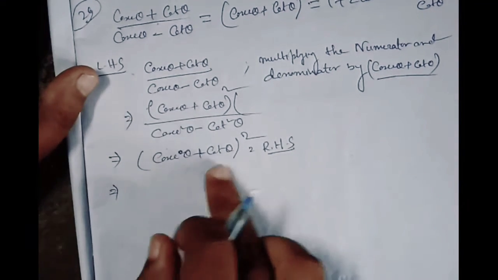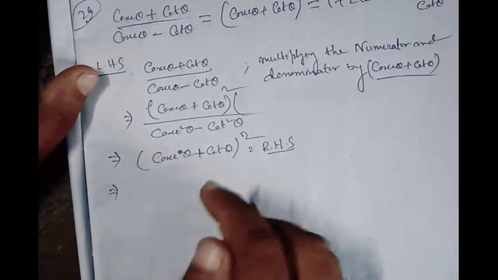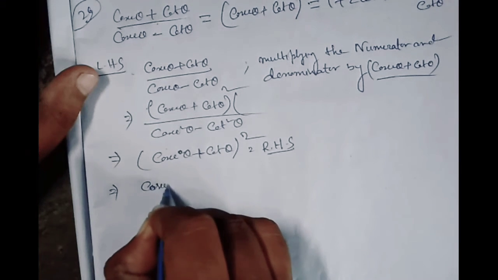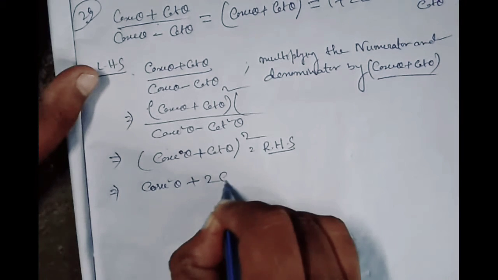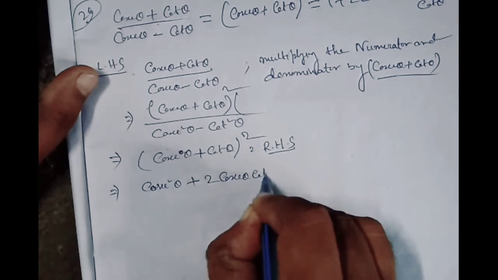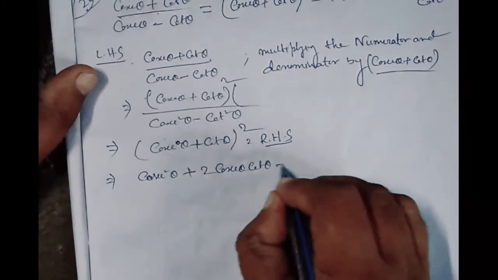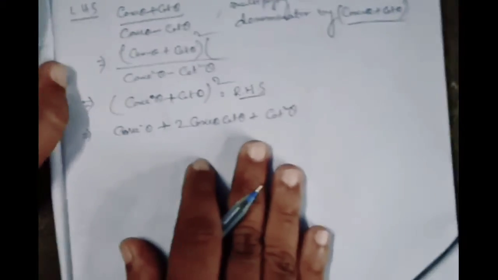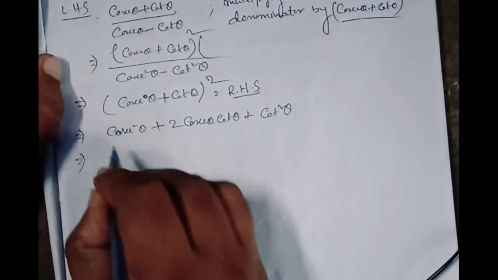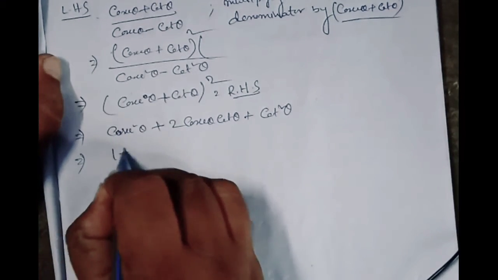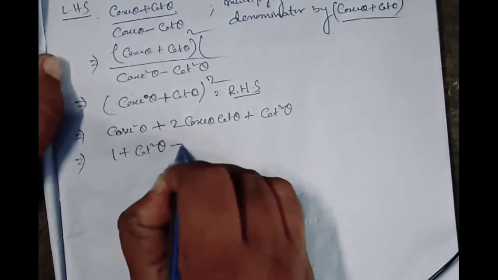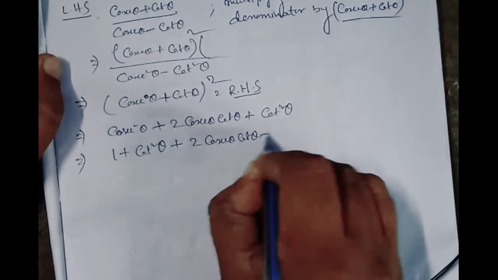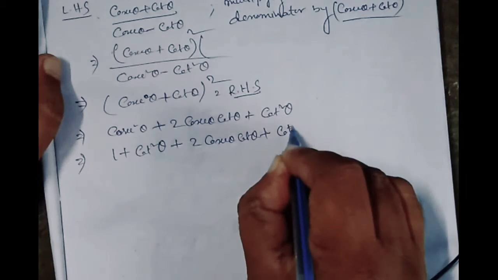Next, if we square it, this equals cosec square theta plus 2 cosec theta cot theta plus cot square theta. Now cosec square theta means 1 plus cot square theta, so 1 plus cot square theta plus 2 cosec theta cot theta plus cot square theta.